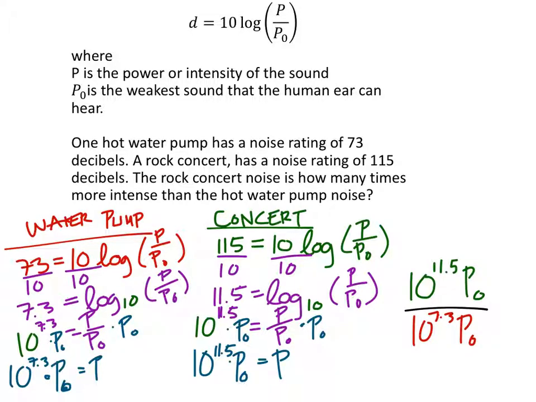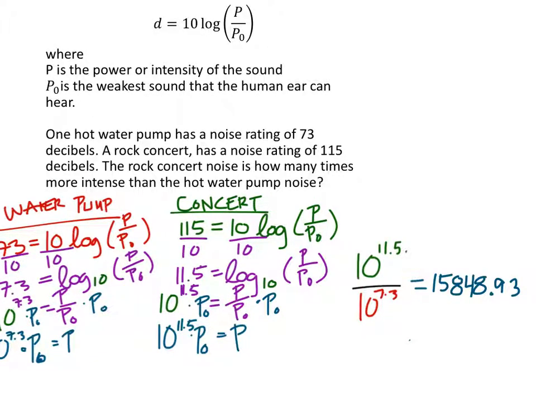Now we see here that the P sub 0 value is the same no matter if you're at a concert or listening for some reason to a hot water pump. So that's just the constant value which goes away. So whether you memorized it or not didn't matter. And we can ignore that, which means I can plug this directly into my calculator.